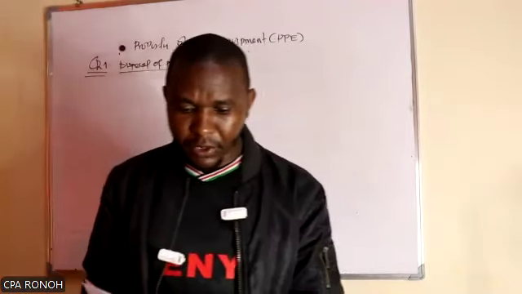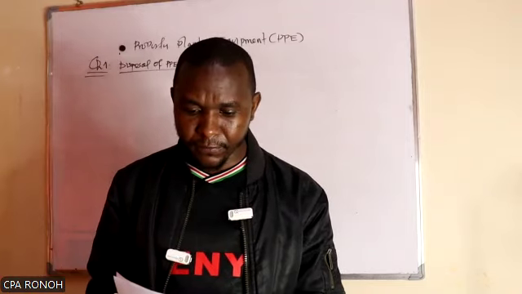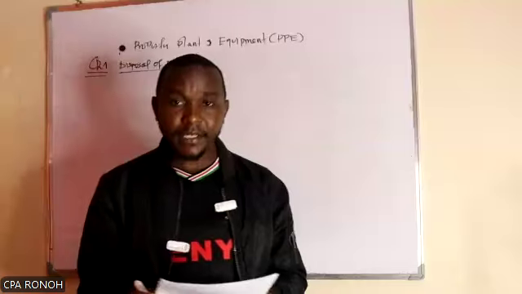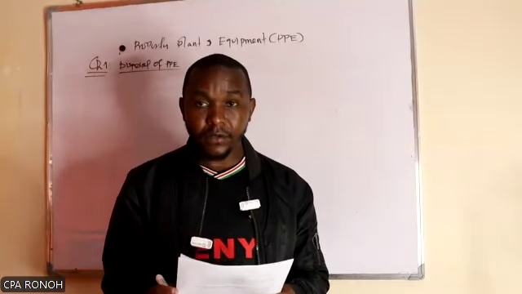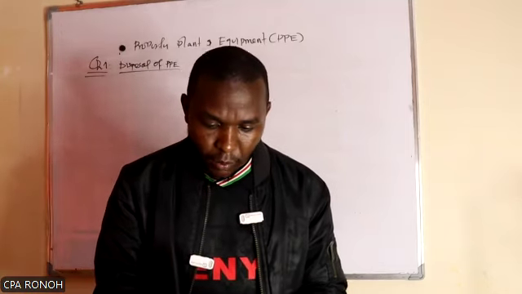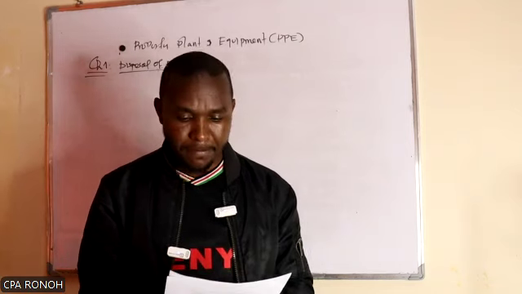We have been told ABC company's account for motor vehicle as at 1st of January 2019 was 5 million. So that is the cost of the motor vehicle on 1st of January 2019, 5 million, while accumulated depreciation as at that date was 2 million.